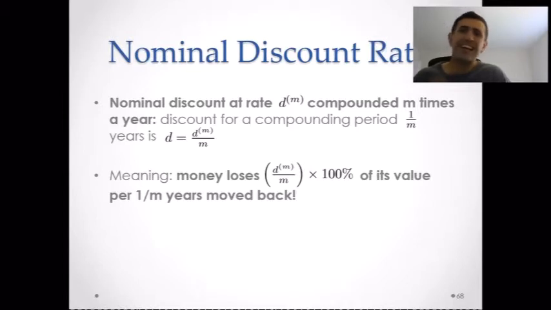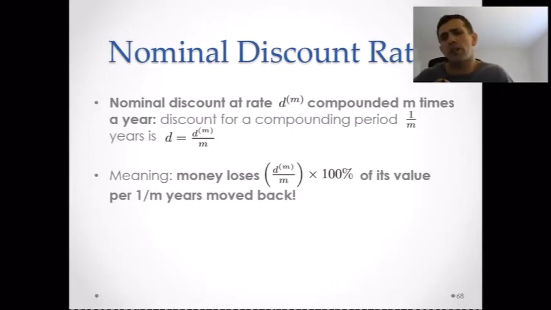Okay, that is the definition of d superscript m. By d superscript m, it means exactly this: that money loses d superscript m over m times 100% of its value per 1 over m years moved back.